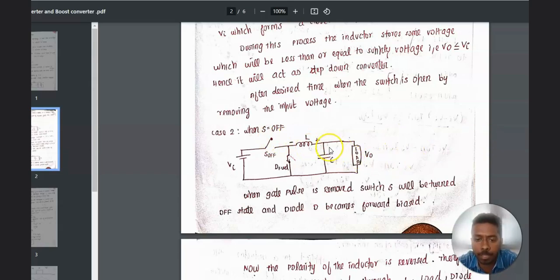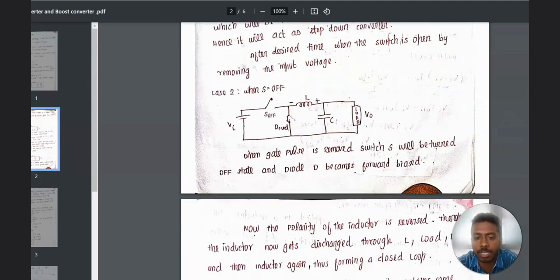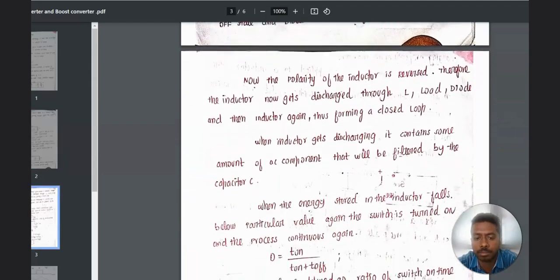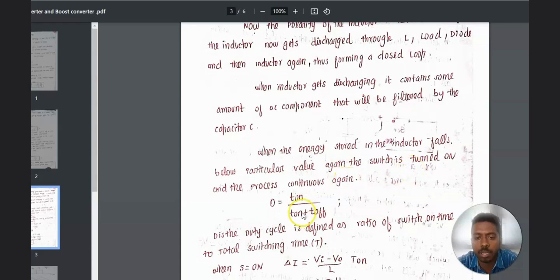Here the purpose of the capacitor is that some noise will be present in the inductor voltage. That voltage will be purified by the capacitor. That is, the capacitor will act as a filter. Here the duty cycle is the value of T on divided by T on plus T off, that is, the on time divided by the total time.